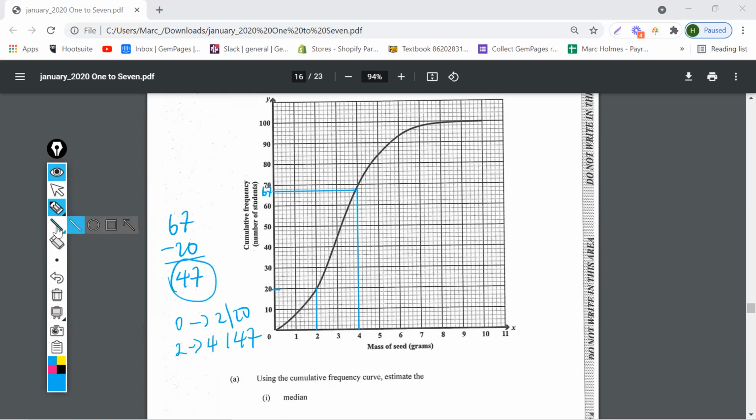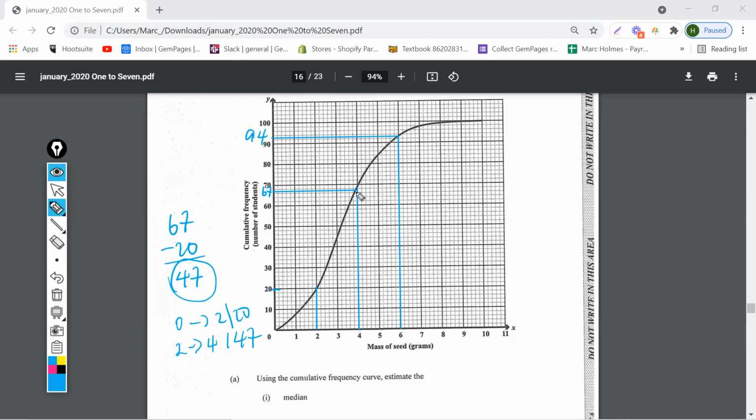And then the next set I need is from 4 to 6. So I draw right up to 6 here, and when I touch that I go across, and I end up with 94.